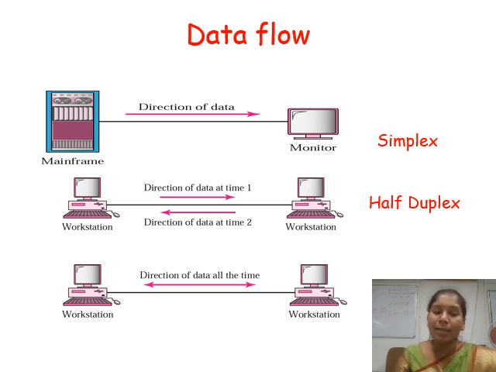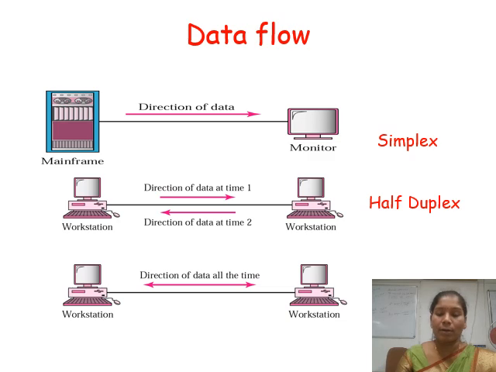Next one, half duplex. In half duplex, when you are sending the data, you have to send the data only once, and after that you have to receive the data. The direction of data at time 1 and direction of data at time 2 will not occur at the same time. If you are sending something, you have to stop.